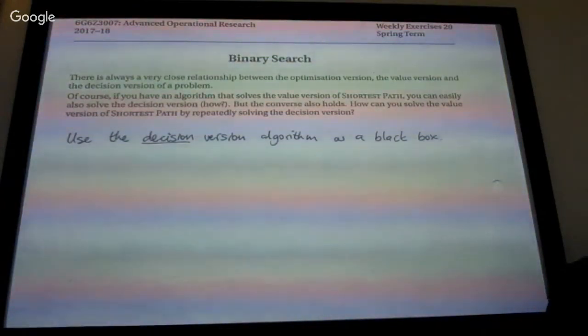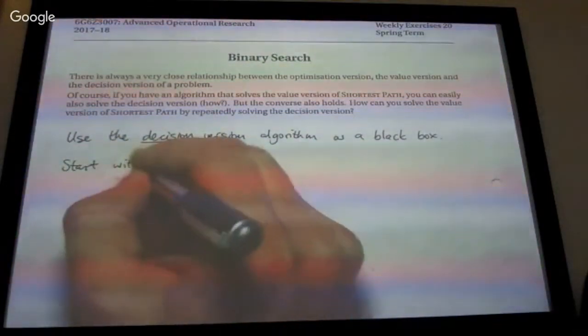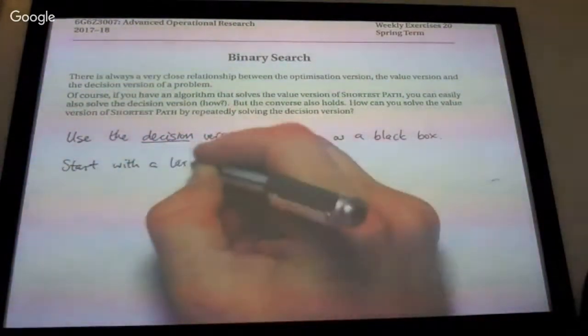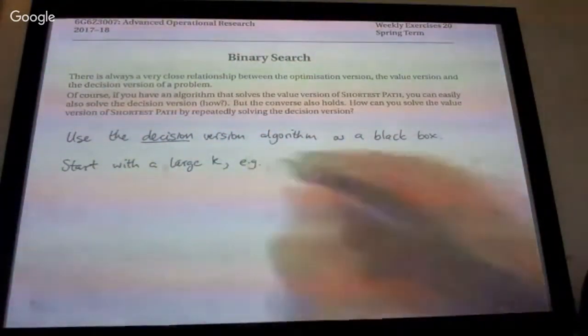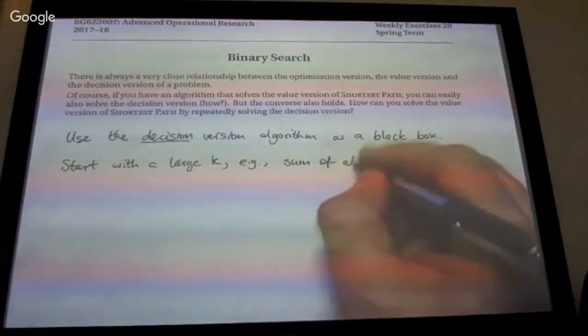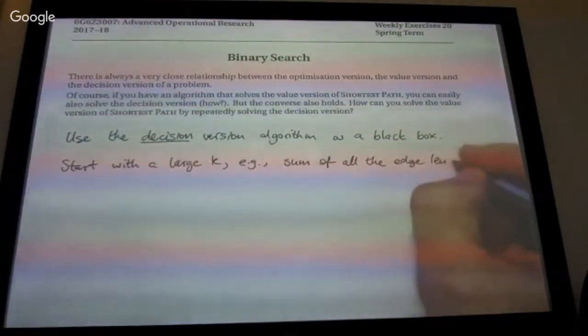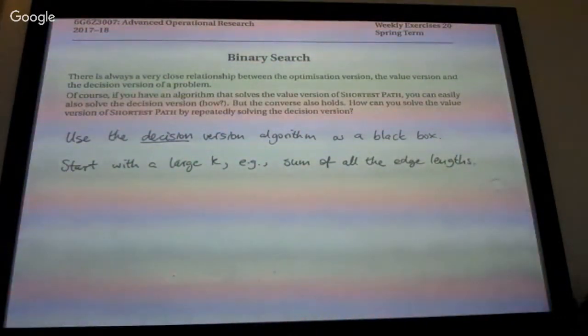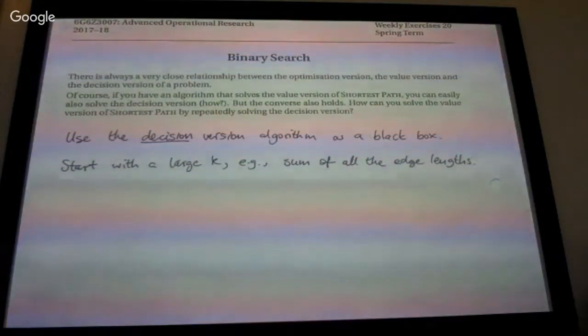So for example, I'll start with a large k. For example, you can add all the edge lengths. When you add them all, you know that certainly the shortest path is not going to be longer than that, because it's not going to use any edge twice.